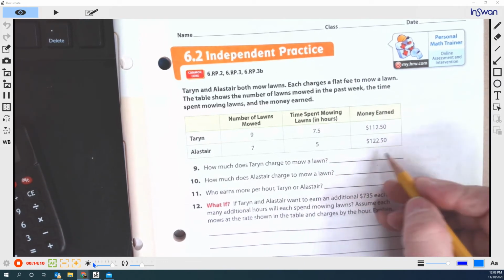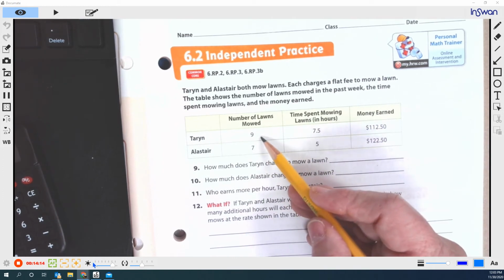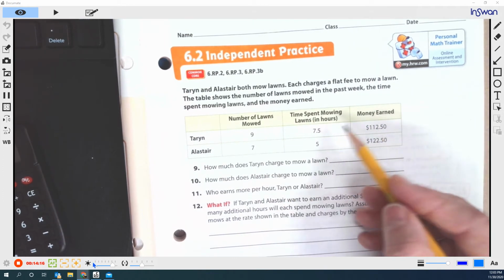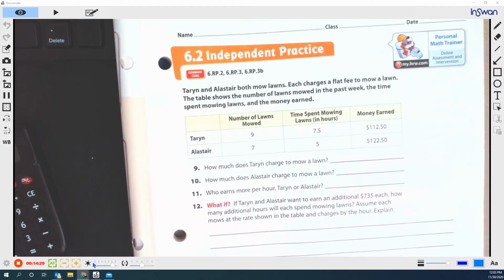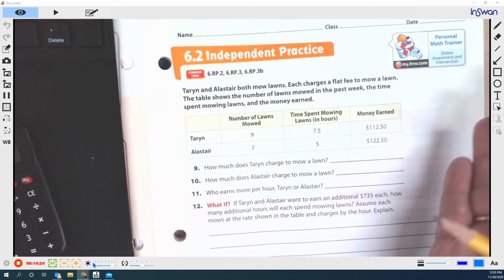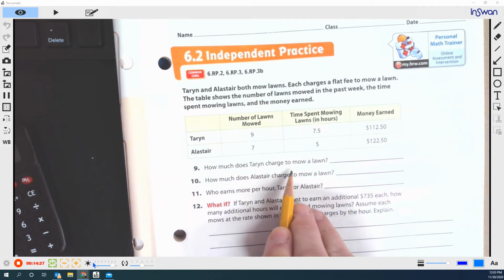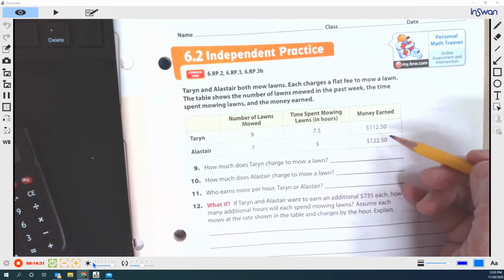Now you can see here, when we compare them, Taryn mowed more yards and spent more time mowing, but he made less money than Alistair did. And what you need to look at is how you would figure out what it is per hour or per lawn.